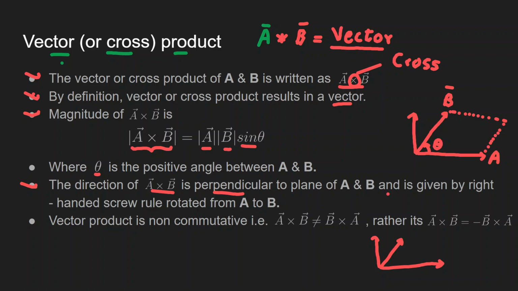The direction can also be given by the right-handed screw rule, rotated from A to B. How to use this rule? There are two ways.